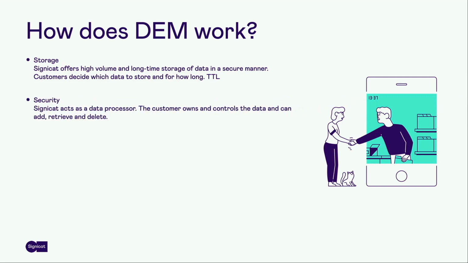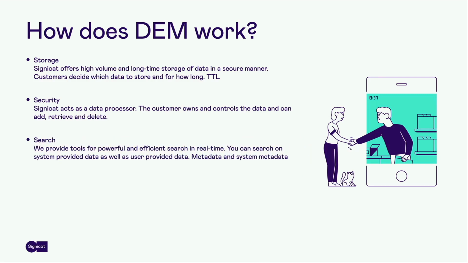And security. Signicat acts as a data processor. The customer owns and controls the data and can add, retrieve, and delete the data. And search. We provide tools for powerful and efficient search in real time. You can search on system-provided data as well as user-provided data. And for that, we have something that's called custom metadata and system metadata. This is also one of the great benefits of them.